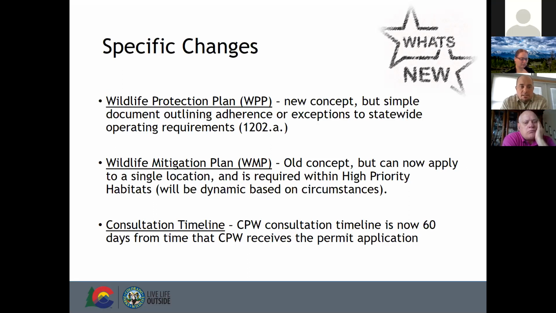And because of these factors, I put in parentheses here, I think these plans are going to be highly dynamic based on the circumstances of individual development plans and proposals. For example, I was thinking obviously a single location within sage-grouse general habitat is going to have quite a bit different wildlife mitigation plan than a landscape scale plan that incorporates 20 locations to be built over the next 5 years in an area that maybe contains 5 different high priority habitat layers.